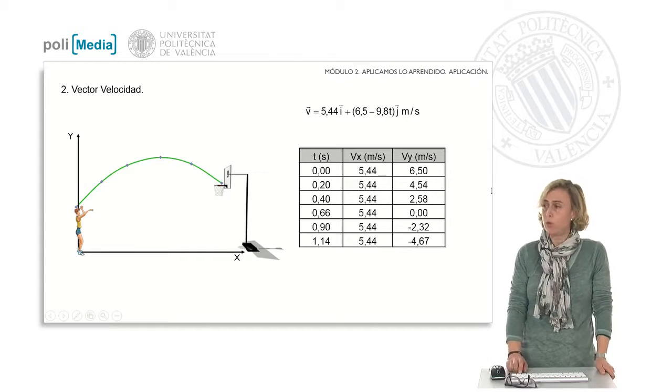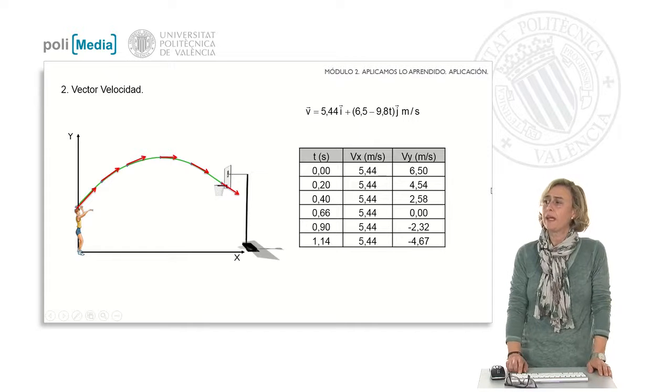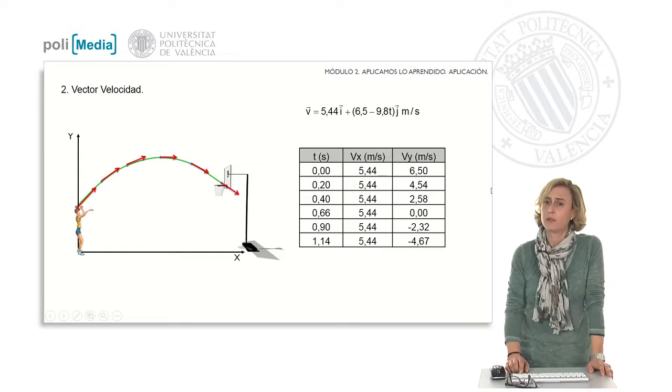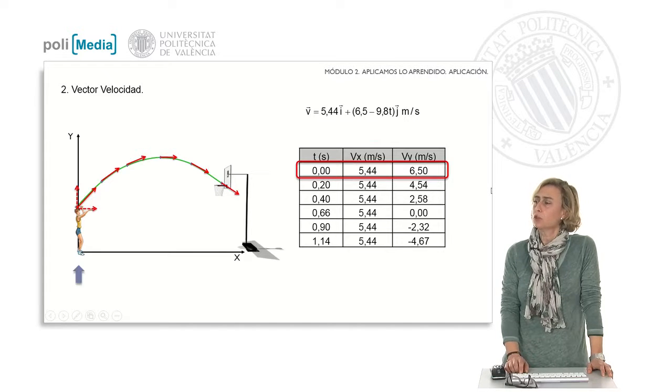Recall that in the first module we saw that the velocity vector is tangent to the trajectory at all times, and therefore the velocity will be the one that has appeared there. Let us analyze this velocity vector and its components at different instants. At the initial instant, we have component x and component y, both positive.